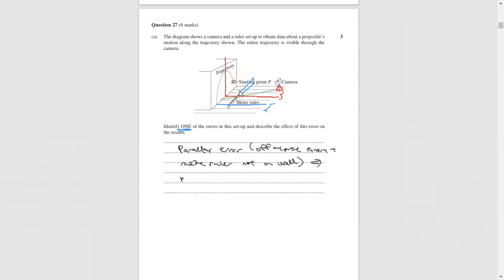What are we trying to read? Well, it just says motion. So it will mean that the range reading will be lower than actual. Good.